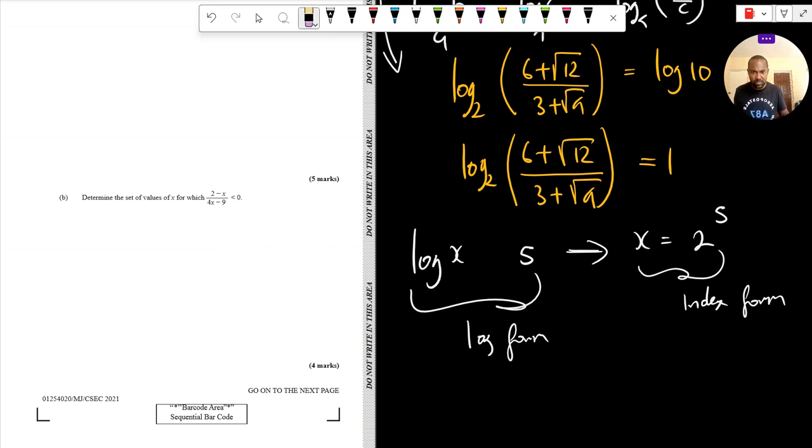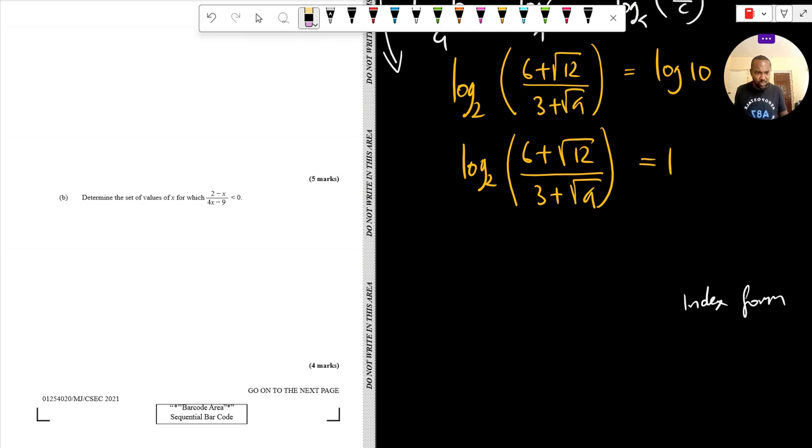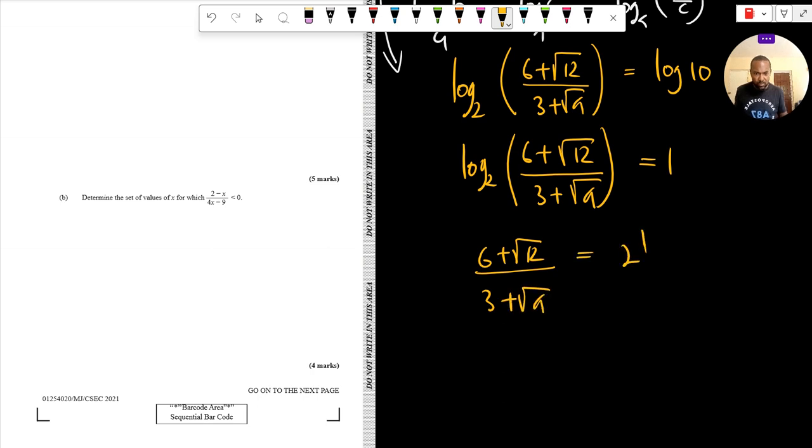All right, let me just erase this. So log of that expression to base 2 equals 1. And this therefore implies that 6 plus root 12 over 3 plus root a is equal to 2 to the 1. And so 6 plus root 12 over 3 plus root a is equal to 2.